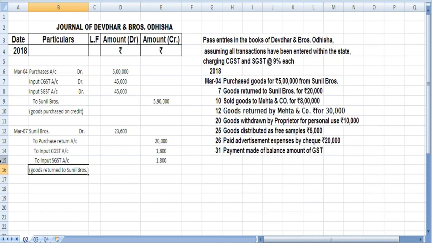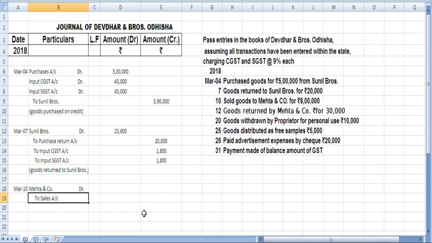Okay, now next we have March 10. On March 10, sold goods to Mehta and Company. So here Mehta and Company are becoming the receiver, so we are going to debit Mehta and Company to sales account.